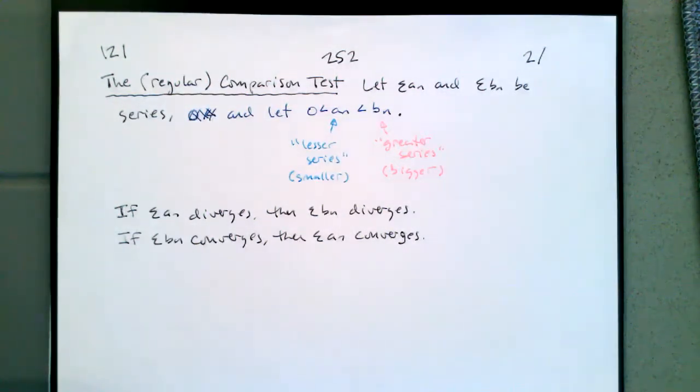So if the bigger series converges, then the smaller series converges as well. Note that if the smaller series converges, then we don't know anything about the bigger series. And the other way around, if the bigger series diverges, then we don't know anything about the smaller series.